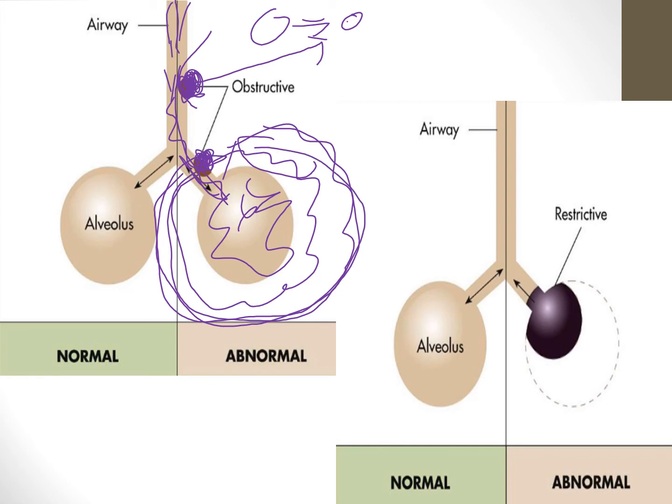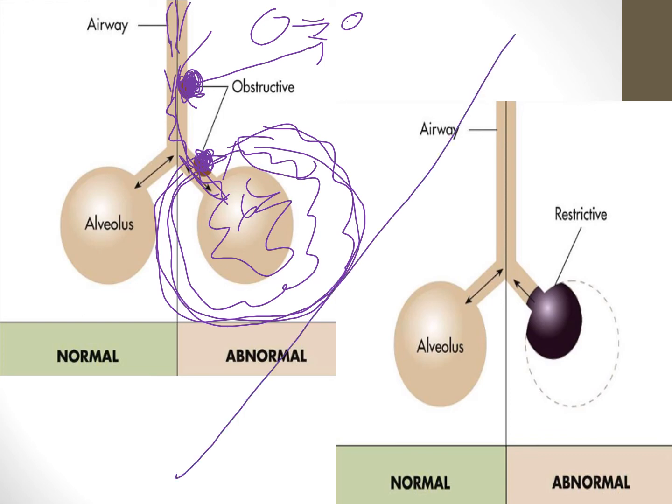They get stretched out, and it pulls away and destroys some of the capillaries and the elasticity. They have good compliance but low elastance, therefore their ability to recoil and collapse is decreased overall. So that's obstructive.